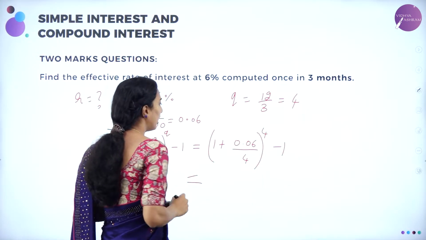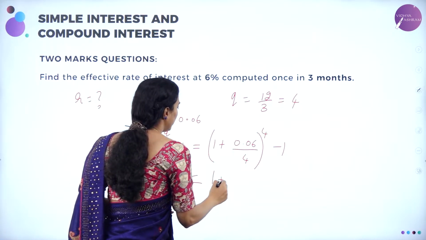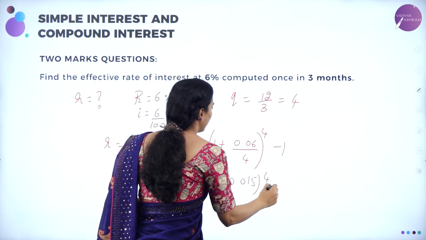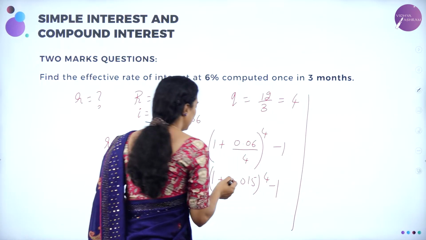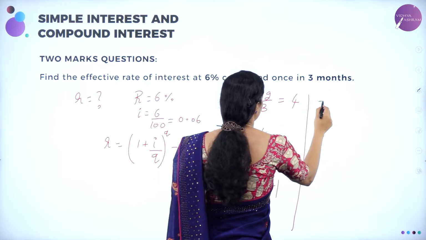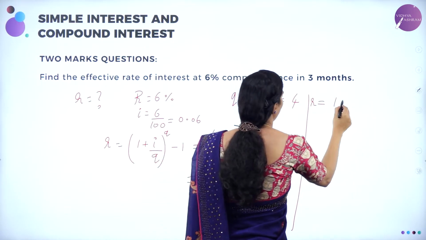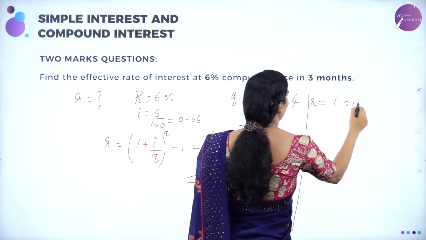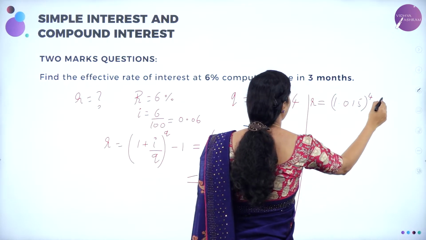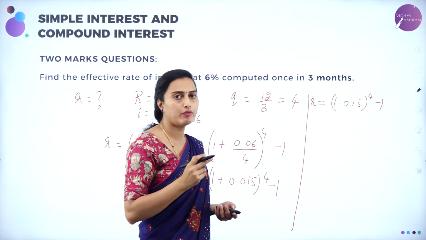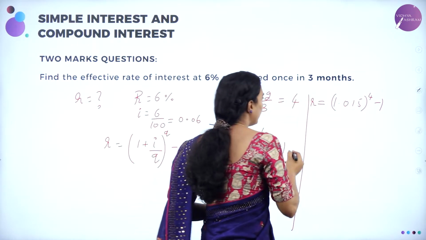So you are going to get 1 plus 0.015, so r is equal to 1.015 to the power of 4, minus 1.